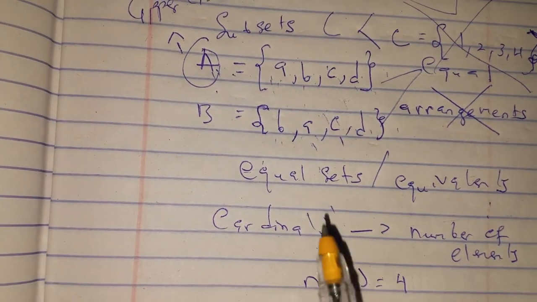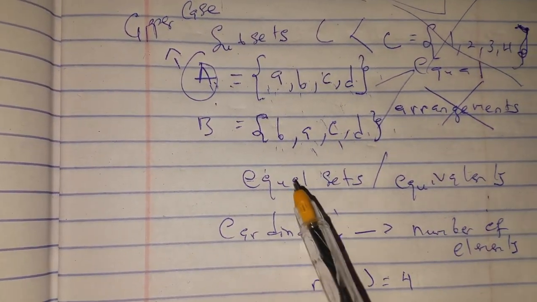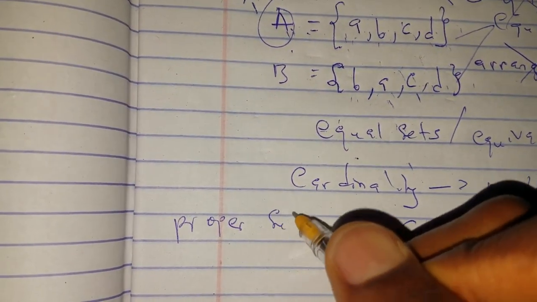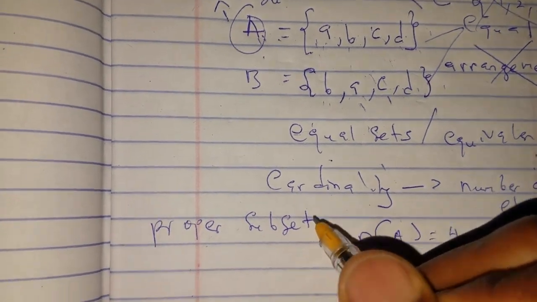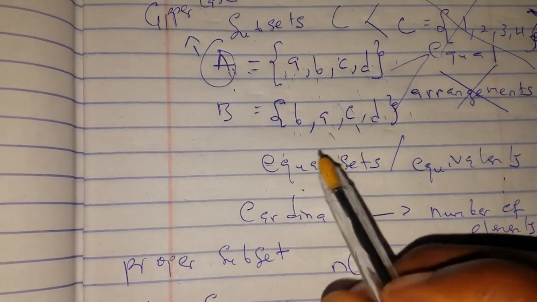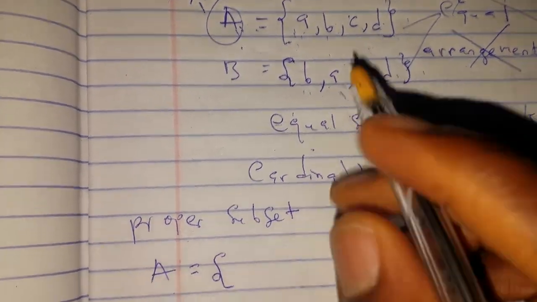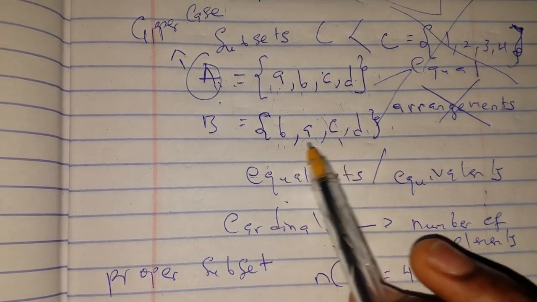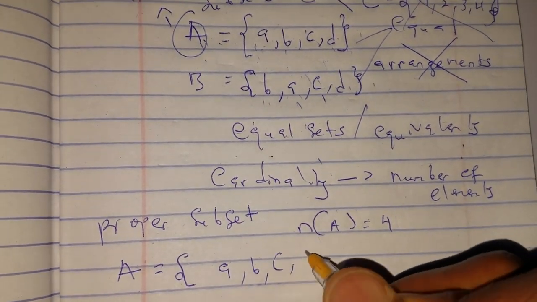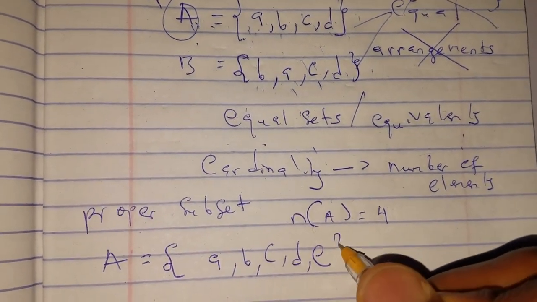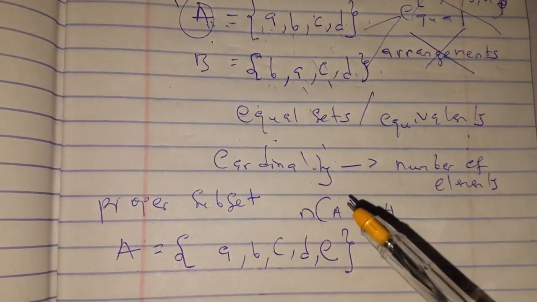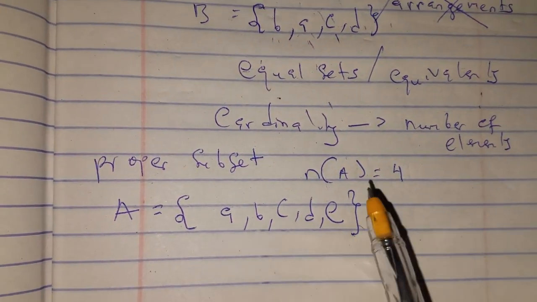Okay, I'm still on subsets. Now we have something we call a proper subset. Now if set A has more than 4 elements, I'm using more than 4 because set B has 4 elements here. Say A, B, C, D, E. It's not compulsory I use E here. I could have used 1, 5, 7 just to show that the elements are more than 4.